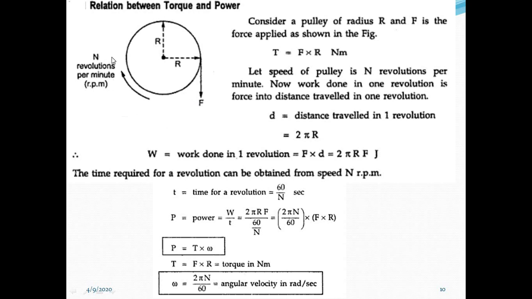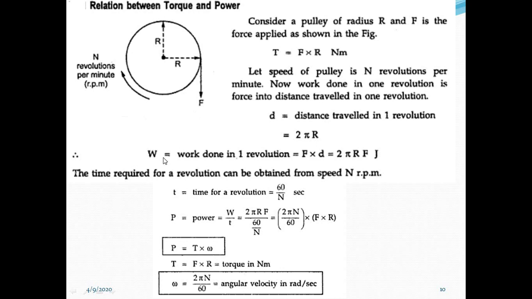So this capital N is nothing but the speed of the pulley in revolutions per minute. Now what is torque? Torque is nothing but the force into radial distance. So here the radial distance is the radius of the pulley. So torque is equal to force into radius of the pulley.